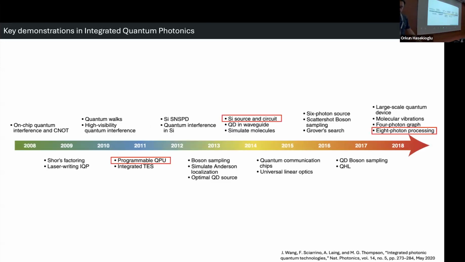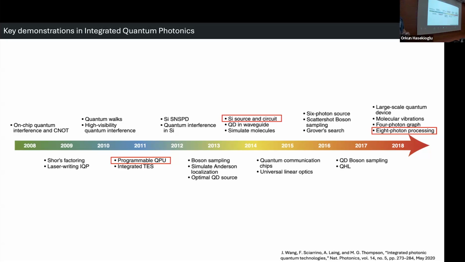Now, if you look at the history of the implementation of photonic quantum computers, on-chip quantum interference and CNOT gates were implemented 7 years after their first mention in the literature by KLM. I will get into detail. Around 15 years ago, the first programmable QPU for photonic computers was implemented.